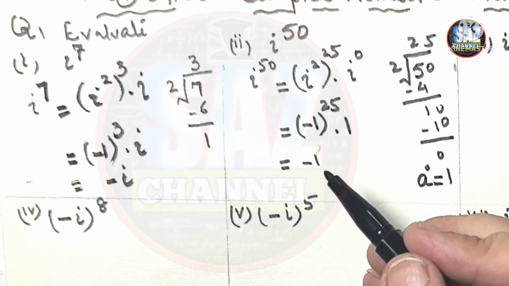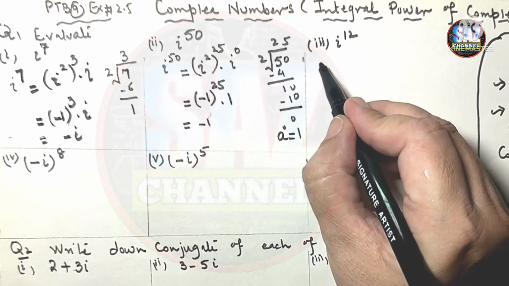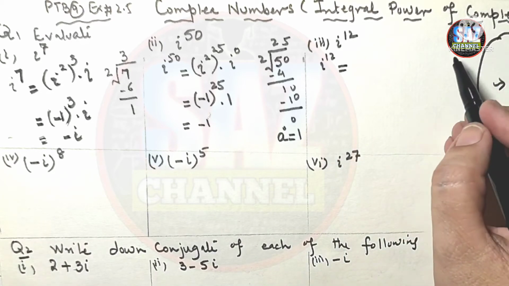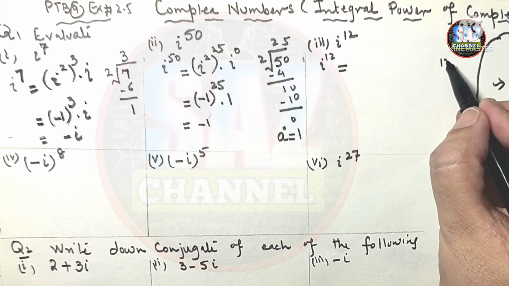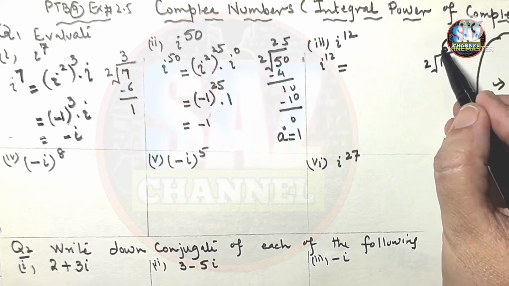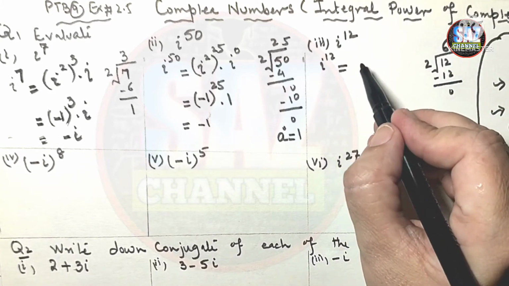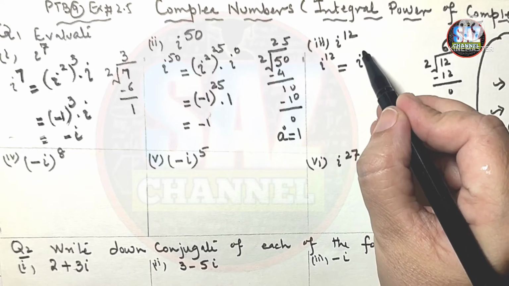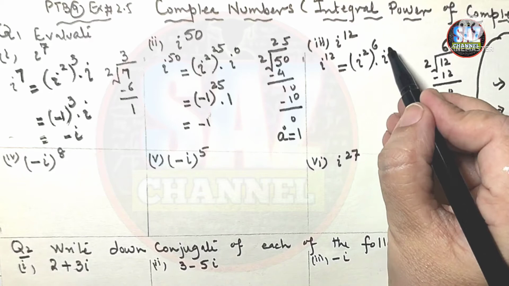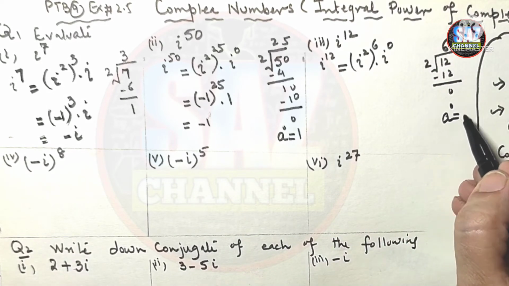And moving to the third part, that is iota raised to power 12. Very easy questions and important for your objective type examination. What you have to do is divide each power of iota by 2. 2 6s are 12, and the remainder is 0. Then we write iota square raised to power 6, remainder 0, iota raised to power 0, and any number having index 0 is 1.